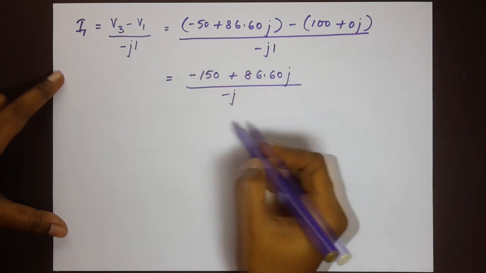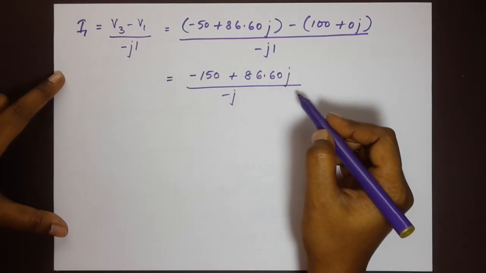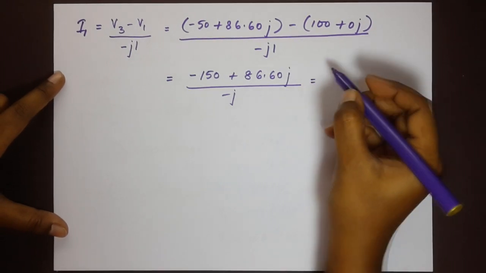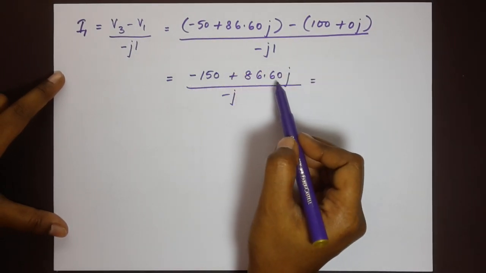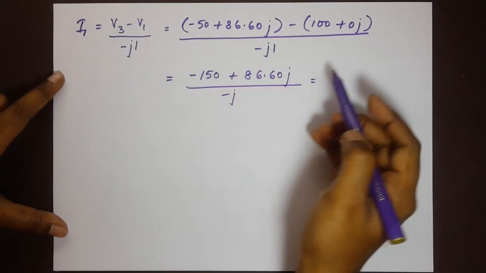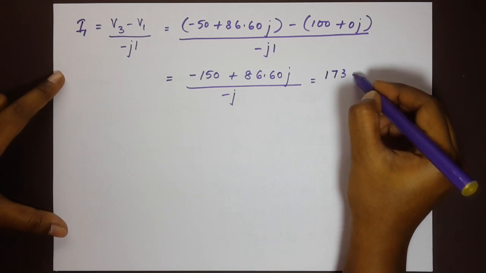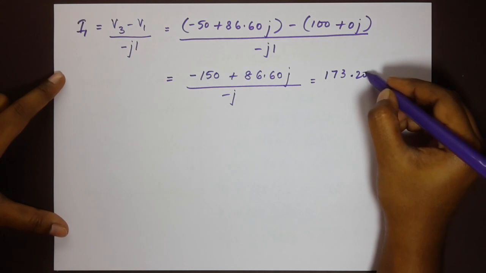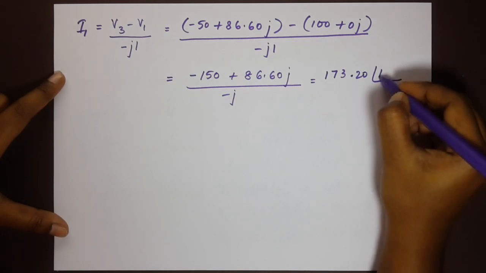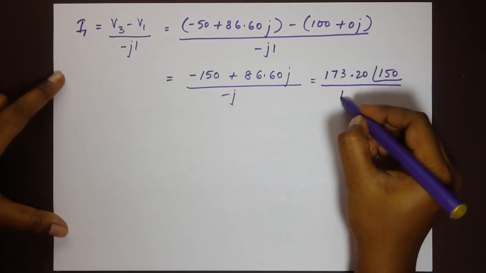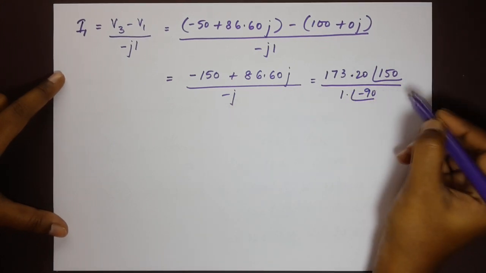Now in order to solve this part, we have to convert it into polar form again. The polar form of minus 150 plus 86.6 J is 173.20 angle 150, divided by minus J, which is 1 angle minus 90.